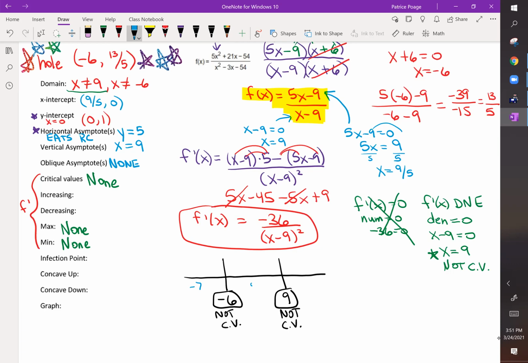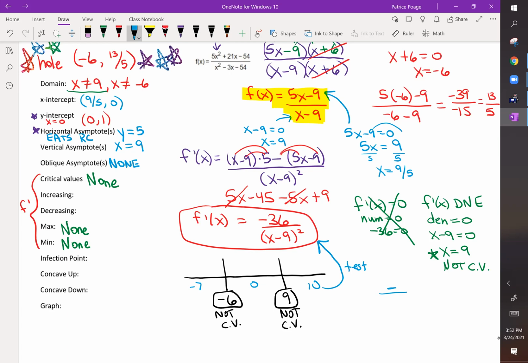Picking numbers to the left and right, I'm going to test each of these in the first derivative. And the only thing I care about is, does it come out to be positive or negative? So you can use your table on your calculator if you want to. However, if you look at our first derivative here, negative 36 is never going to not be negative, no matter what number we put in.